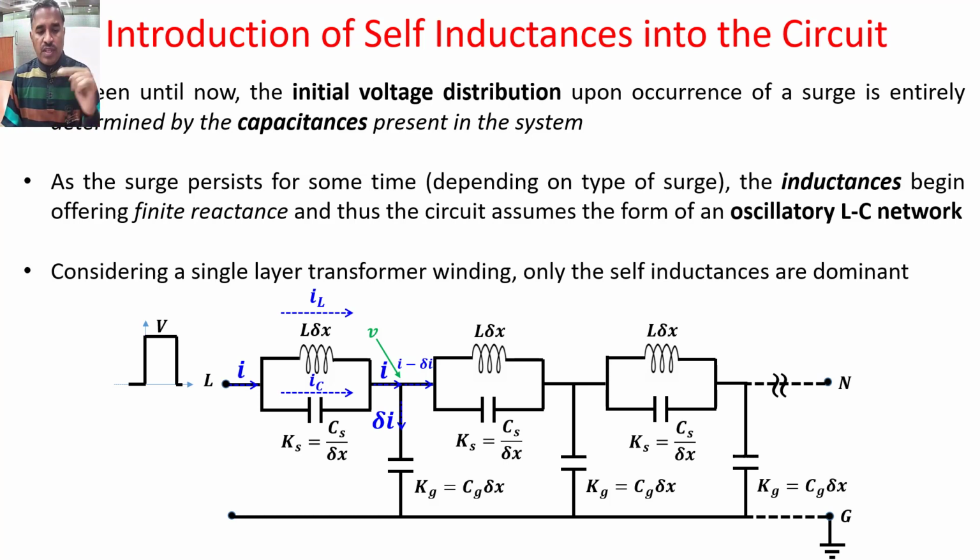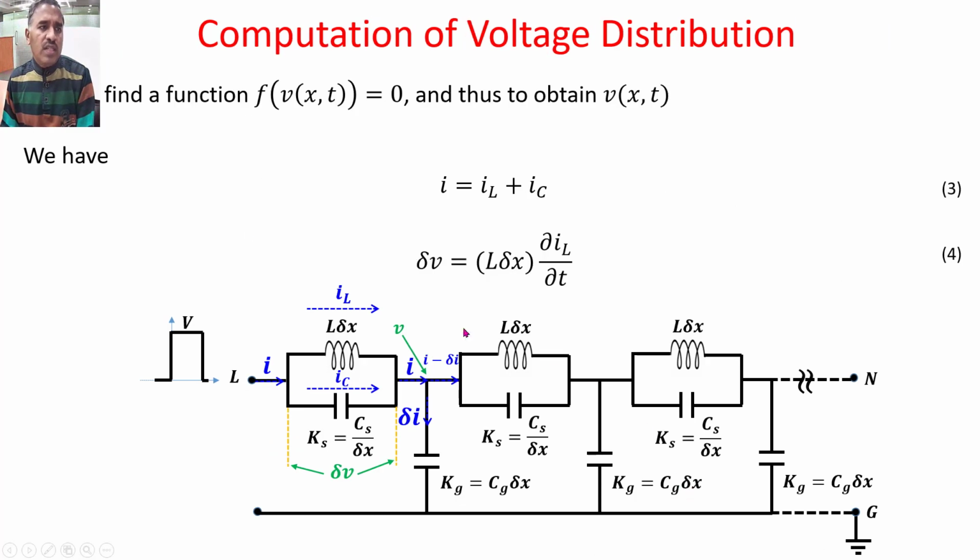Single winding means there are no two layers in the same winding, but that is for simplification. So, ignoring the mutual effects, this is how the self inductances appear. Of course, self inductances are very dominant. And this is how the equivalent circuit will look.